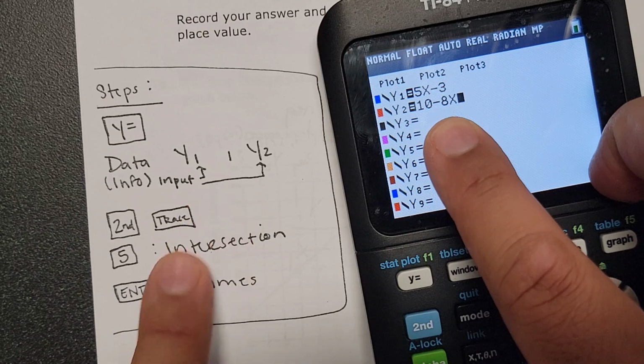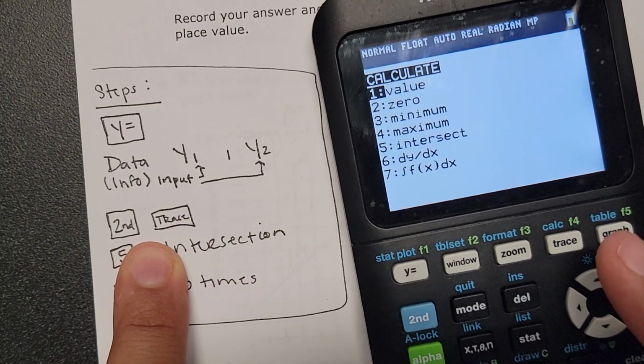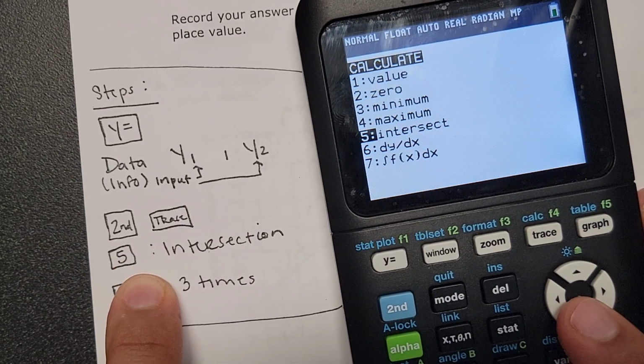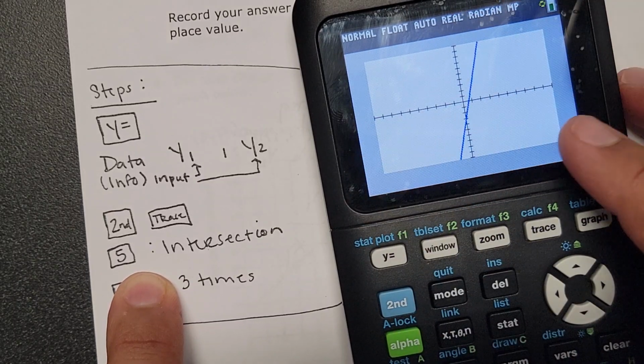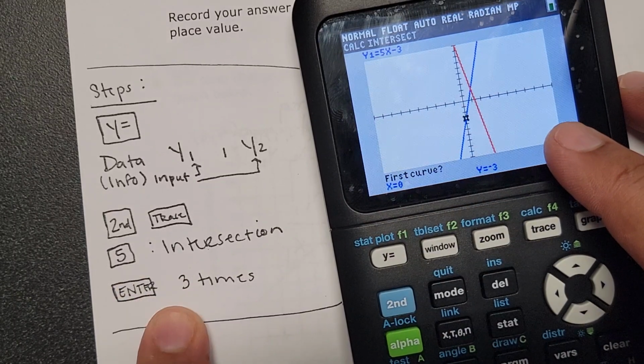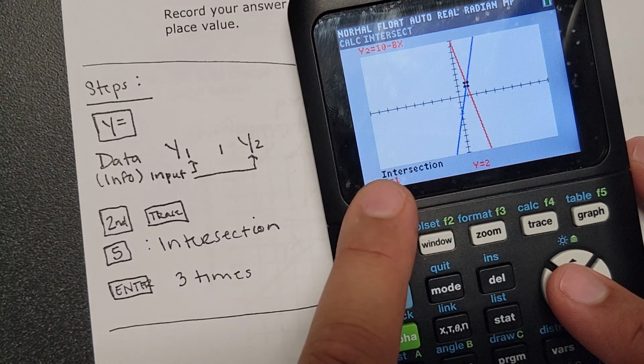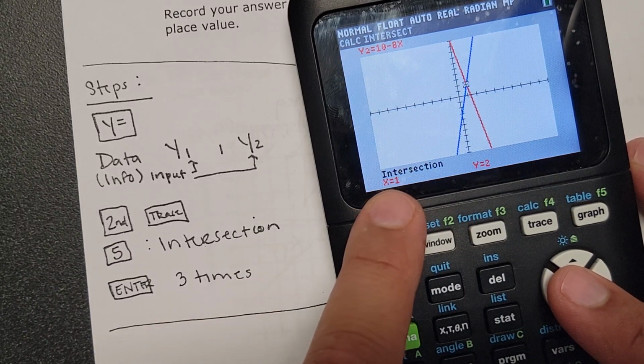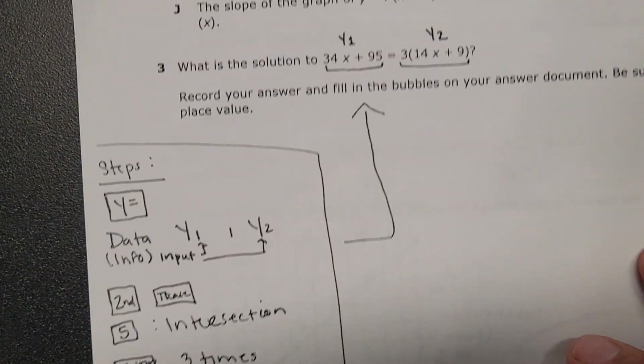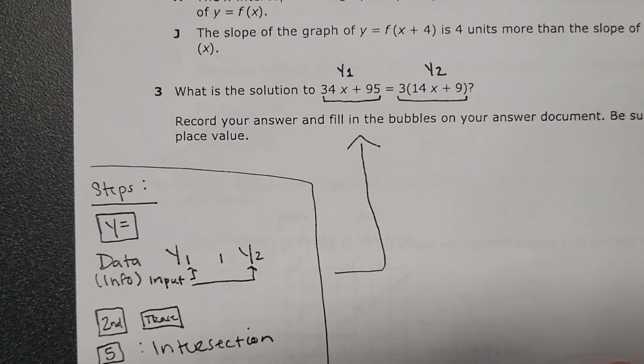So put your y1, y2, go to second trace, go to the intersection, wait for the graphs, then press enter 3 times. 1, 2, 3. So the intersection, the x number, is your answer. All right, so that's the y1, y2 whenever you have an equal sign in the middle.